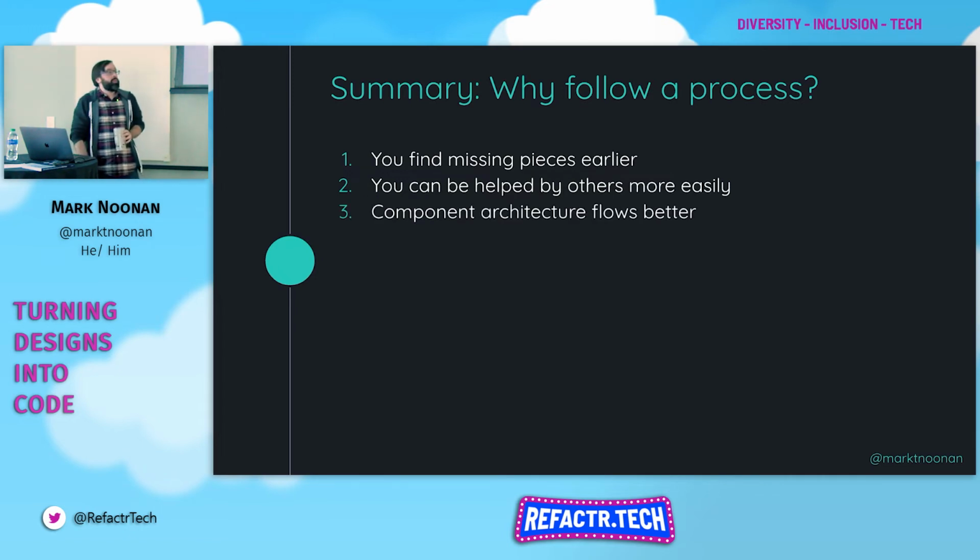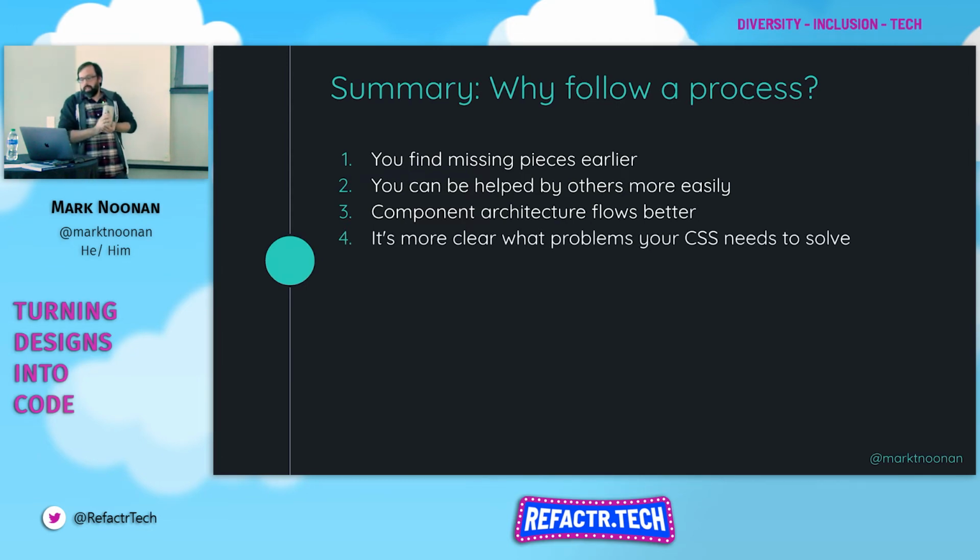This really helps with the component architecture that you're trying to build as well. Seeing what's reused, what you should commit to, what should be shared. This is a lot easier if you've assessed not just one page, but an overall design like this. It's really more clear what problems your CSS needs to solve. I've often seen, oh, there's a 2-column layout, and then actually what you do is you have an image and a text, and then if there's more than one, it's the other way around.